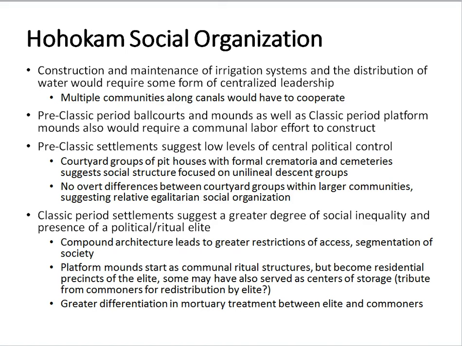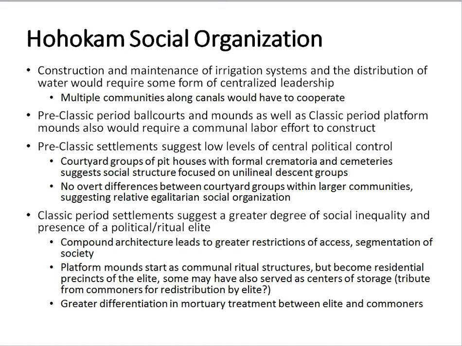There are no overt differences between courtyard groups. They all have the same size and shape of houses, and there is no difference between the offerings found in different cemeteries. No cemeteries have greater wealth or access to different materials than other cemeteries, and these suggest relatively egalitarian social organization during the pre-classic period.